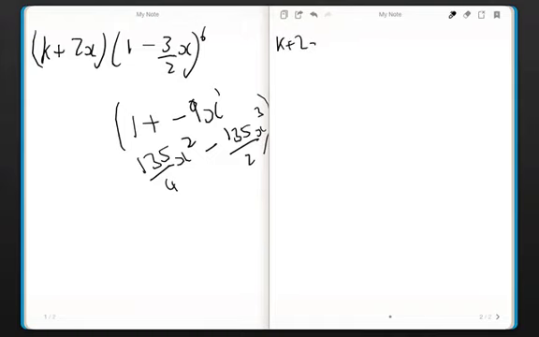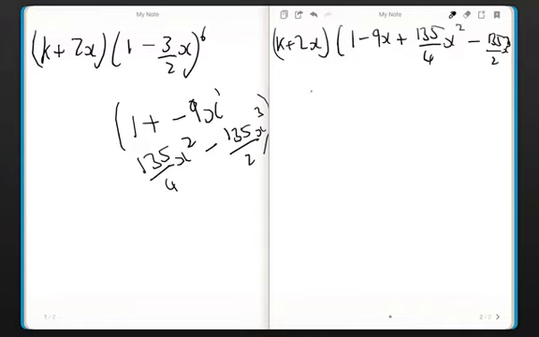K plus 2x into 1 minus 9x plus 135 by 4x squared minus 135 by 2x cubed. I hope you can see that. That's an x cubed, and close bracket. I don't have space for that, so I'm going to leave it.